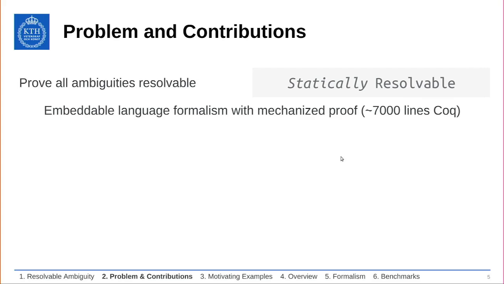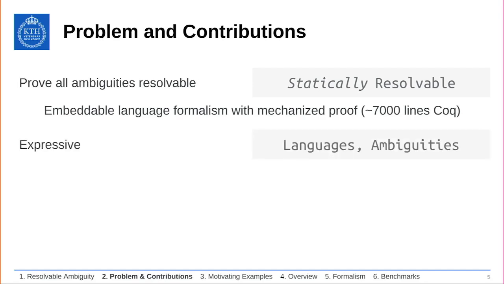We are introducing a language formalism that is embeddable, which means that you can take any parsing strategy, whatever you prefer, and isolate the parts that need resolvable ambiguity, and then you can use our techniques for that. You can combine them in this way. And for this formalism, we have a mechanized proof that all ambiguities are resolvable, given some fairly mild restrictions that I'll get into later.